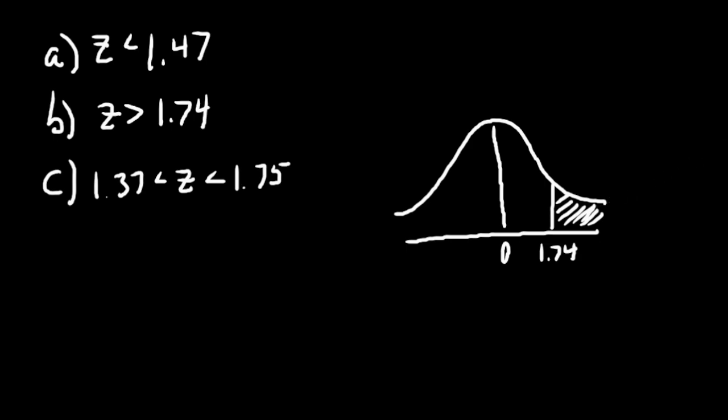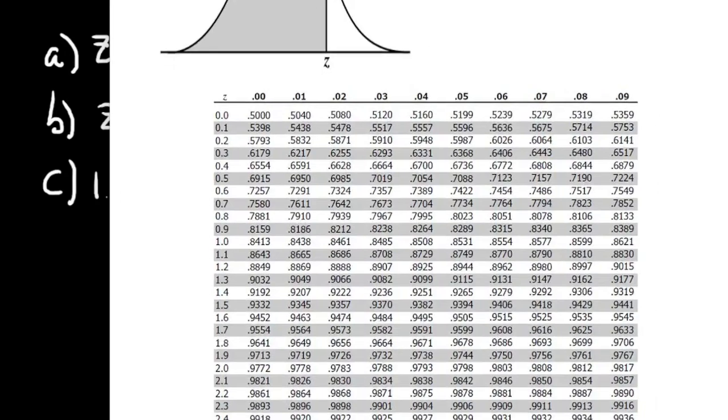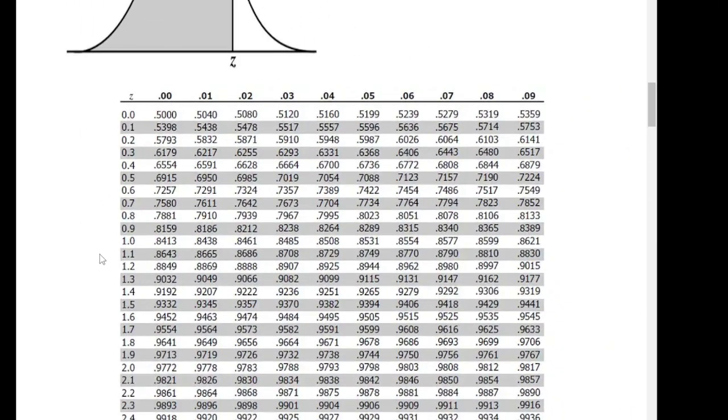So now we're going to go over here and look at the z-chart. Let me pull it back over here. We're going to be down on the 1.74. So again, 1.7 is this dark line here. It's kind of hard to see. 4 is going to be a little bit over, so that is 0.9591.